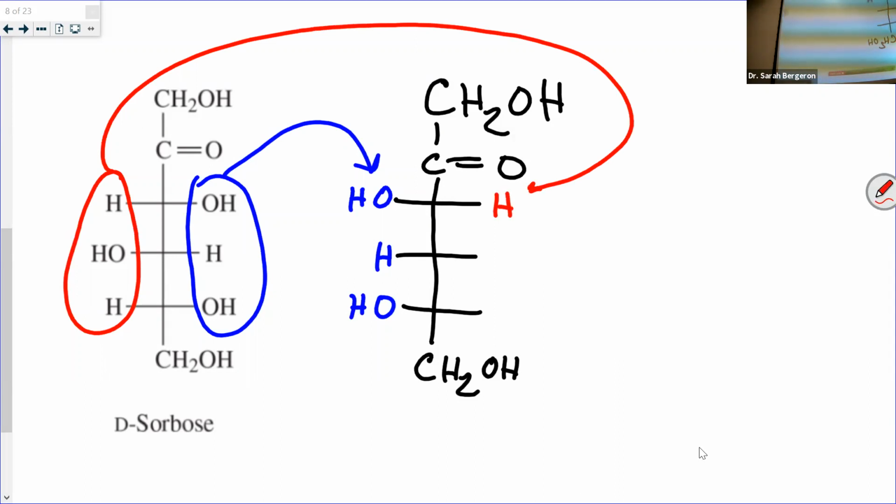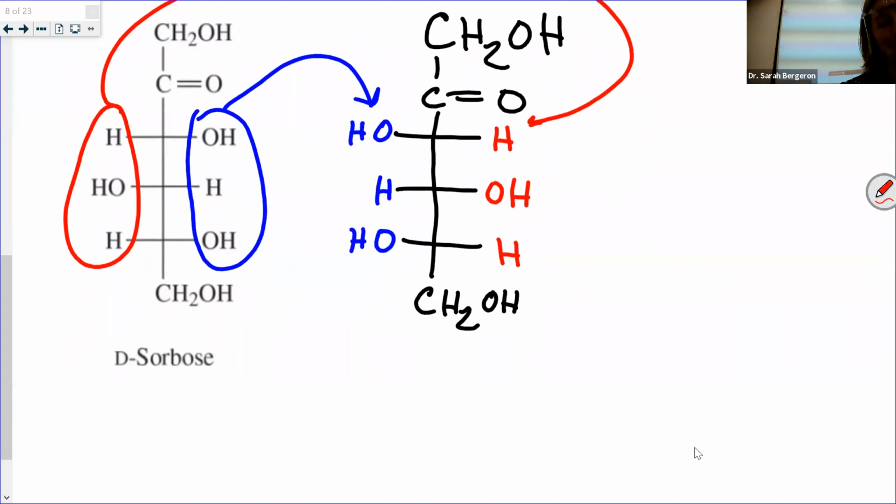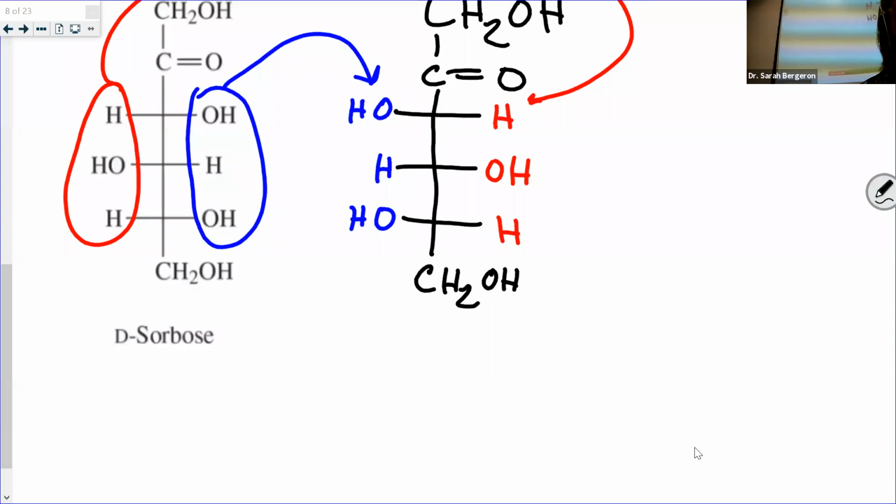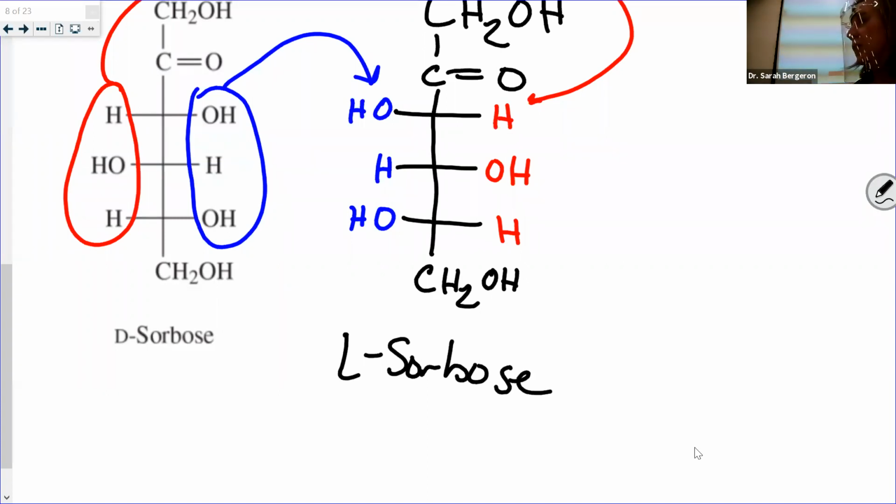So hydrogen, hydroxyl, hydrogen. So doing all these sugars, you know what this always makes me think of? Christmas. Ho, ho, ho. So what will we name this one? What is it? L-sorbitose. Sorbose, not sorbitose, sorbose. Sorry. Good? Okay.